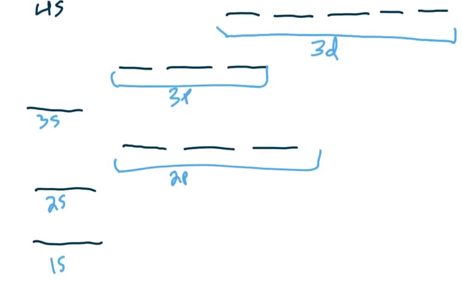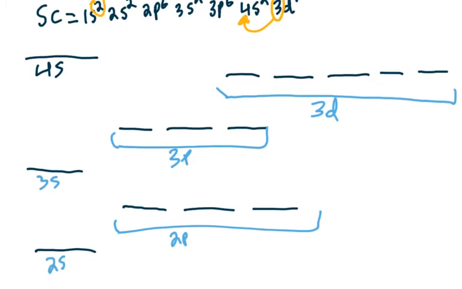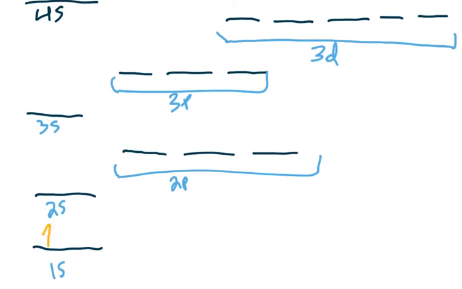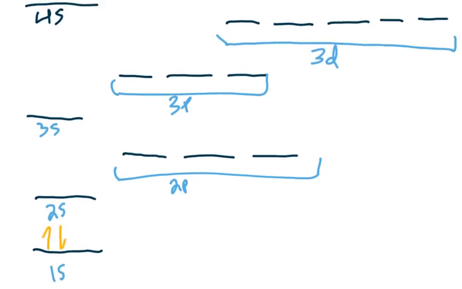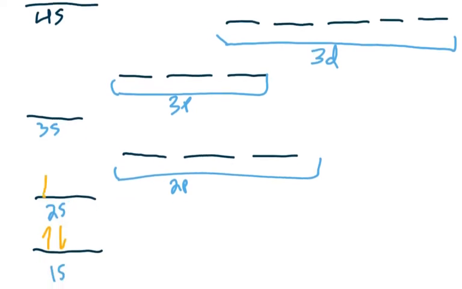Let's put our electrons in the 1s orbital. There are two electrons there, so we write positive 1/2 spin, negative 1/2 spin. The 2s orbital can only fit two electrons, so positive 1/2 spin, negative 1/2 spin.